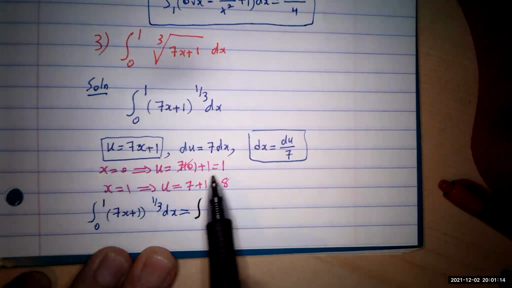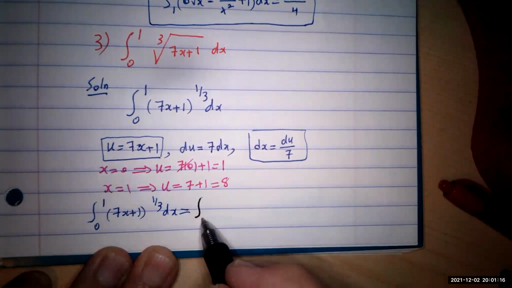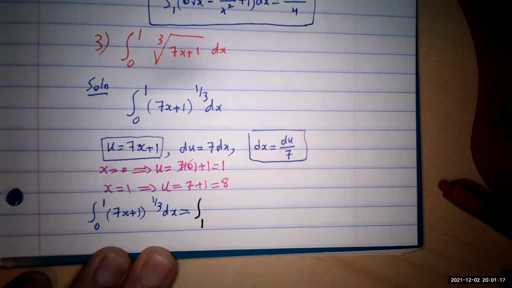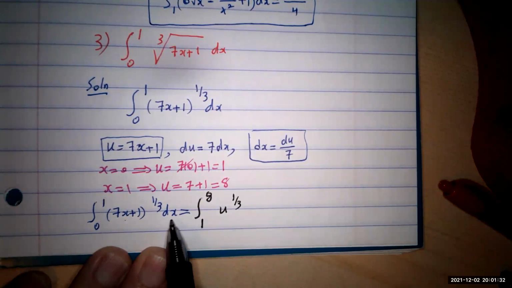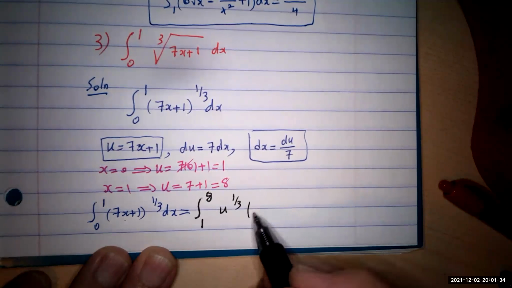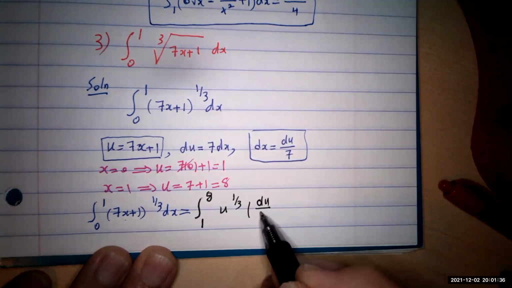When x is 0, u is 1. So it's going to be the integral from 1 to what? When x is 1, u is 8. So it's going to be the integral from 1 to 8 of 7x plus 1, which is u to a third, times the dx as usual. The dx is going to be du over 7.